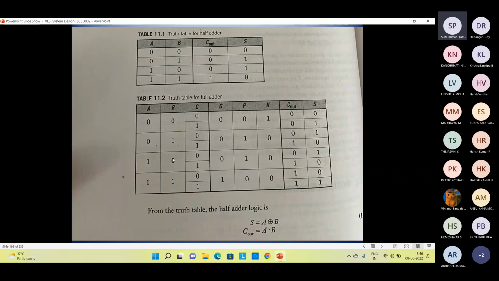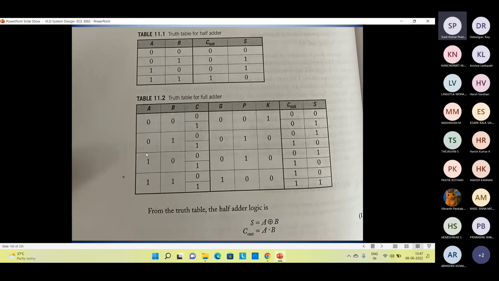Similarly, if the third combination of two inputs is taken as 1 and 0, that means A is 1 and B is 0, then for C equal to 0, G is equal to 0, P is equal to 1, and K is equal to 0, then our carry output will be 1 and sum will be 0.